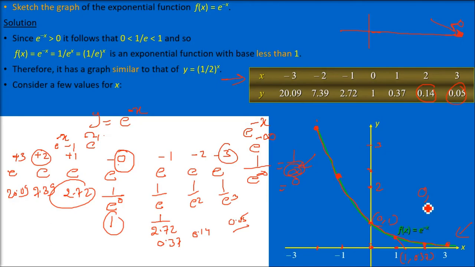The asymptote is the x-axis, that is y equals 0. All values are above the x-axis. Please remember, whatever x you give, negative, positive, 0, y was always positive. That is why we have 0 to infinity. These are round brackets. 0 and infinity are not included.